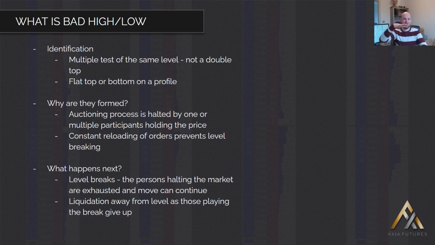So effectively, someone has stopped the market going higher or lower, and the fact that it tests the same level over and over suggests that there are more buyers or more sellers there, because otherwise it would hit the level, find a seller, let's say at a bad high, and just move away. But the fact that it keeps going back there suggests there are still buyers.